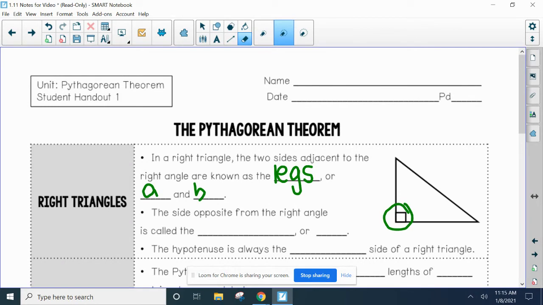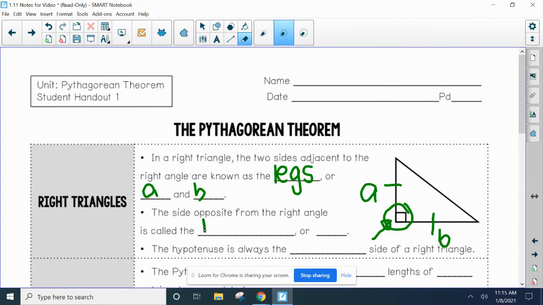A right triangle is a triangle with one right angle, a 90-degree angle, and we talked about last week that those two lines in the corner designate that this is a right angle. So these two sides formed by that right angle are your legs, which are your A and your B. And it doesn't matter which of the two I label A and which I label B, as long as they are the two sides attached to the right angle.